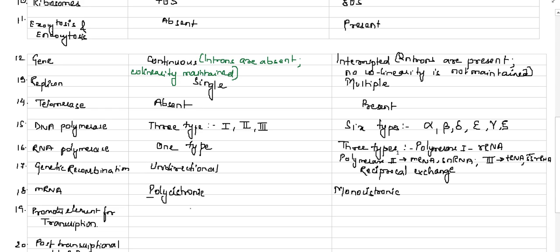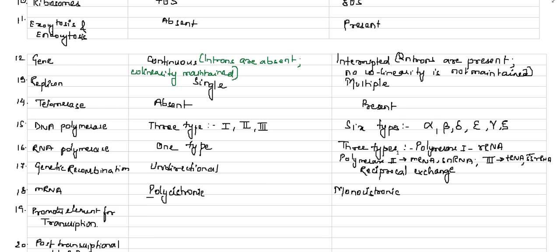Also, one important thing I'm telling you: in prokaryotes, the RNA transcript is free to associate with ribosomes prior to the completion of transcription. But in eukaryotes, the RNA transcript is not free to associate with ribosomes prior to the completion of transcription.